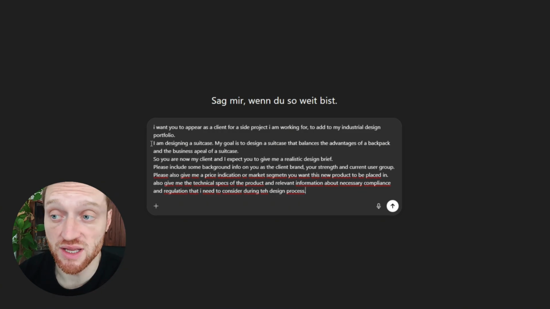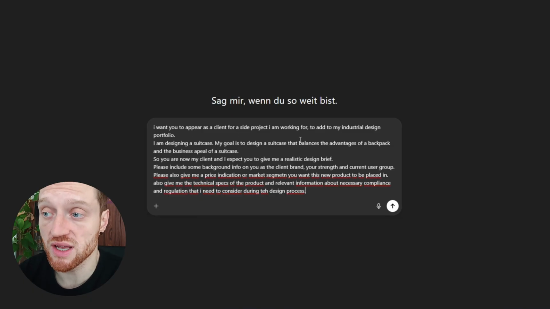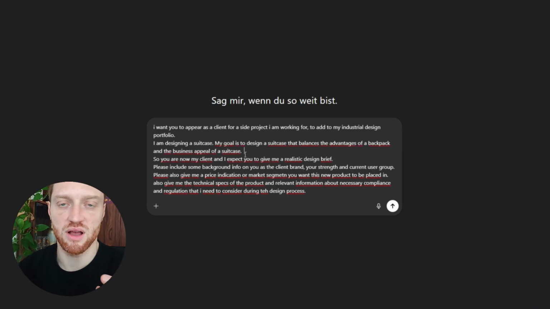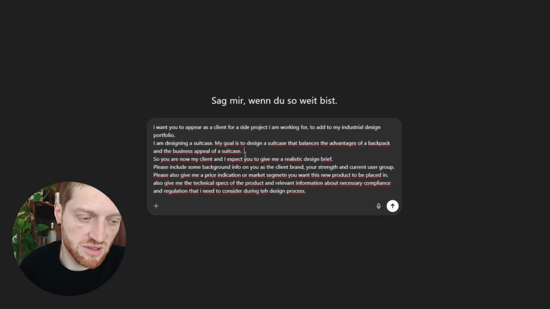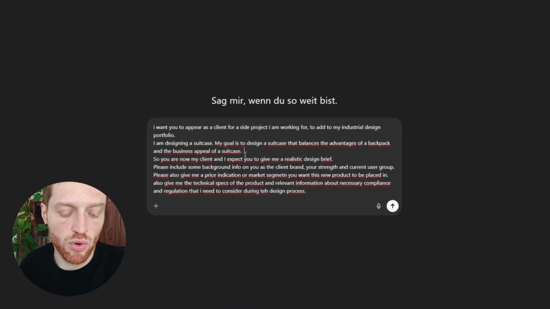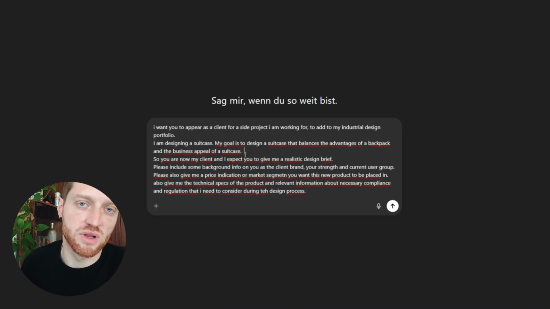I am designing a suitcase, and my goal is to design a suitcase that balances the advantages of a backpack and the business appeal of a suitcase. So this was my original idea, right? I want to design a suitcase, but I'm more the backpacking type of guy. And yet I feel like if I were traveling for work, I would have to bring a suitcase. But if I travel for fun, then I bring my backpack.